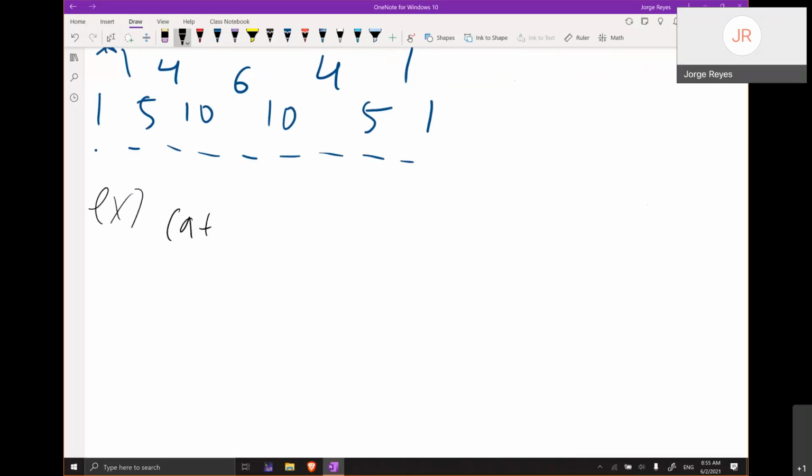What is a plus b to the 5th? So how it works is just start with a, and it goes a to the 5th, a to the 4th, a cubed. It just keeps going down. Okay, and then the b's do the reverse order.